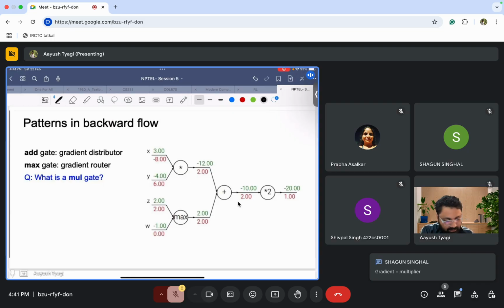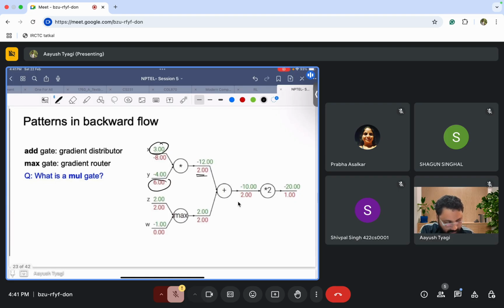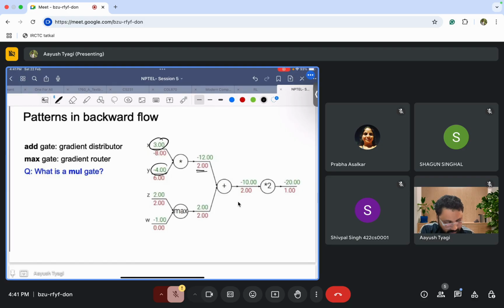What happens is this 2 is coming at this point. You have the value 3 here, and y has a value of -4. It multiplies this value with -4 and places it here. So suppose z is equal to x into y.